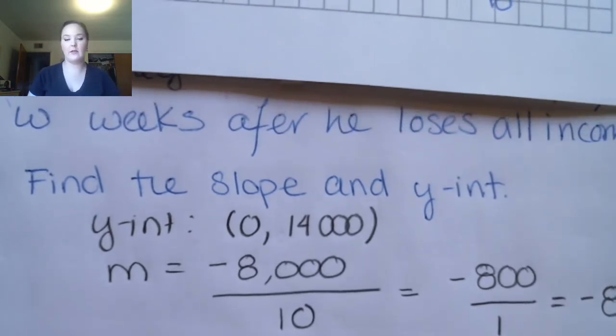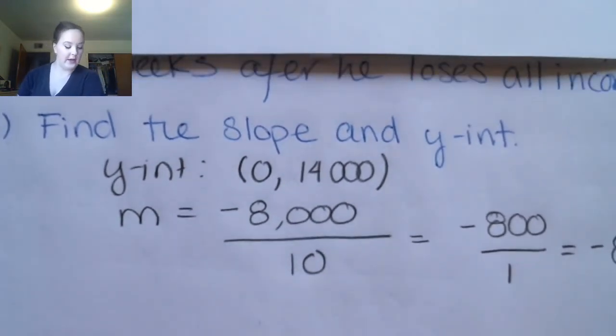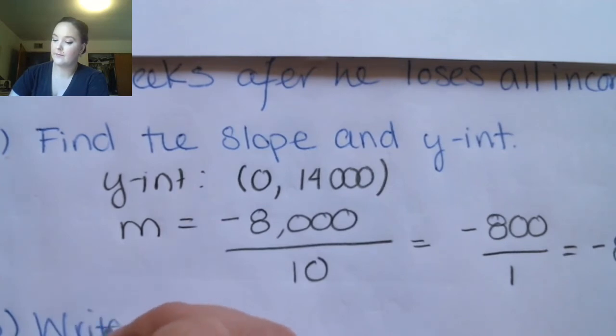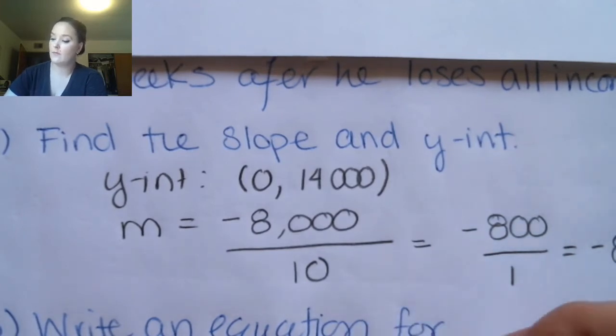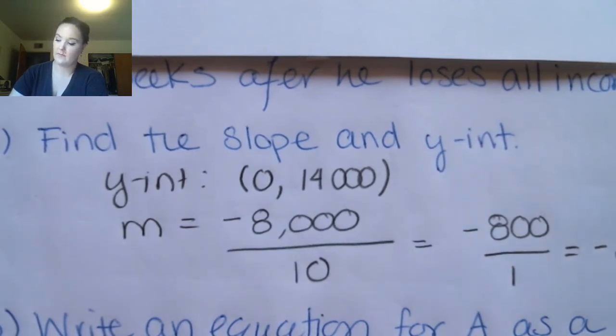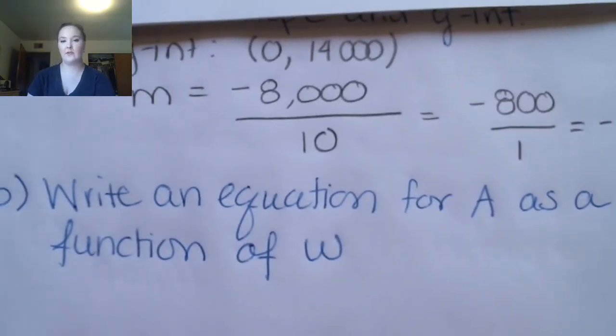All right. So that information was gathered from the graph. So let's do part B. We're going to write an equation for a as a function of w.